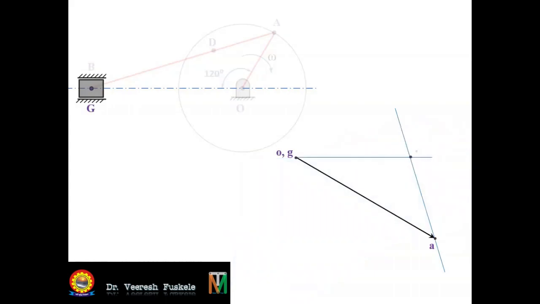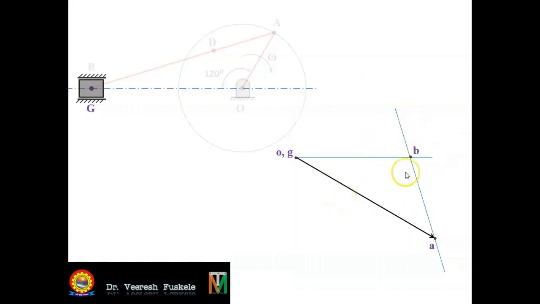In this way, you will get the point B by the intersection of the velocity vectors of AB and GB. Now, AB will be the magnitude of the velocity of the link AB, and GB will be the magnitude of the velocity of the slider.